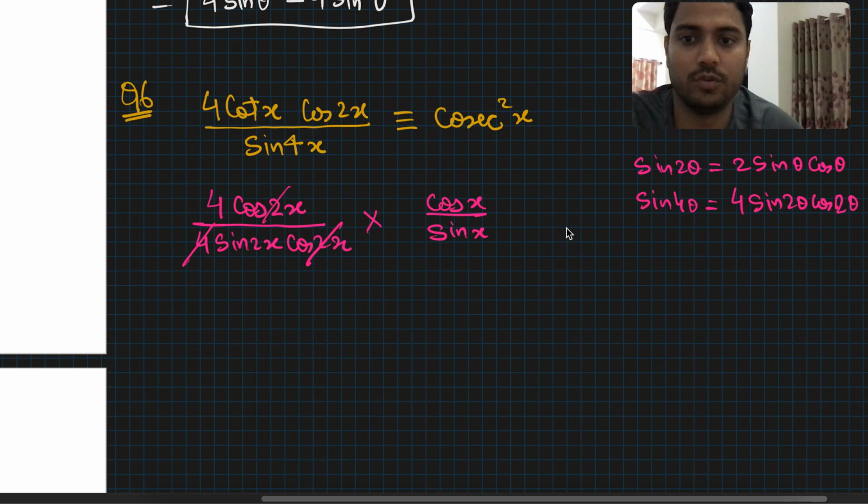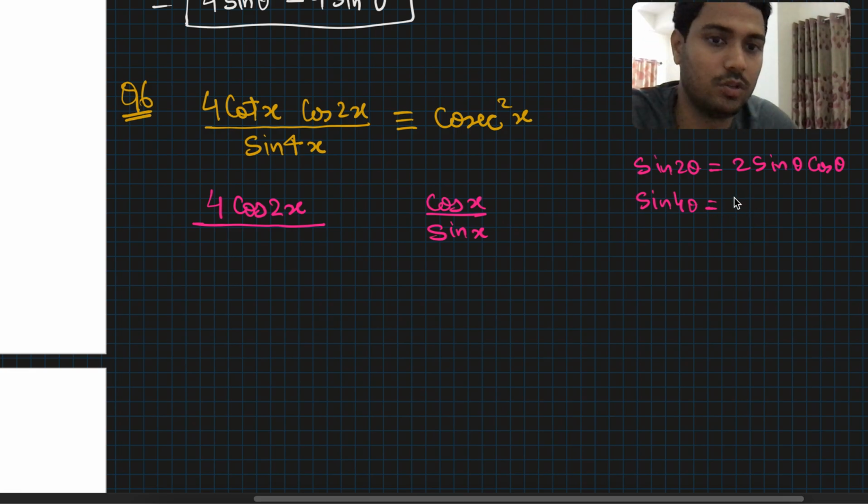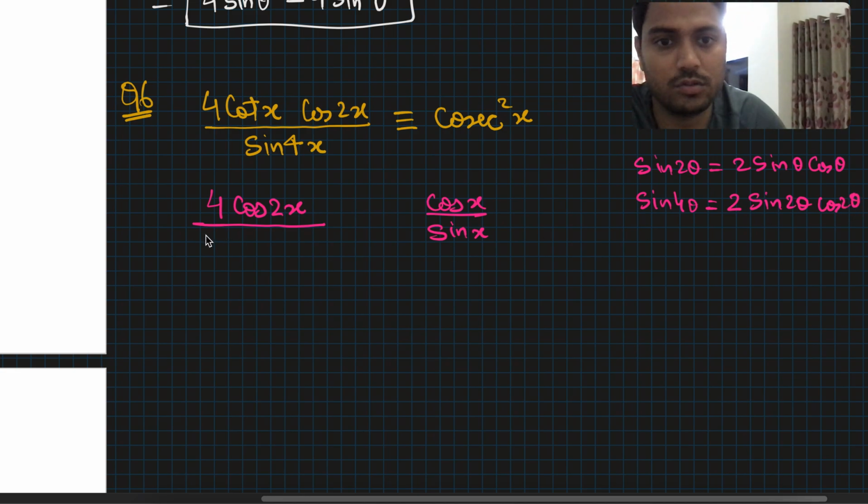Okay, it will not be 4, just a second, I think we made a mistake. The expansion of sin 4 theta will be 2 sin 2 theta cos 2 theta. Let me write it down. So this is going to be 2 sin 2 theta cos 2 theta, and cos 2 theta will cancel out, multiplied by cos by sin.